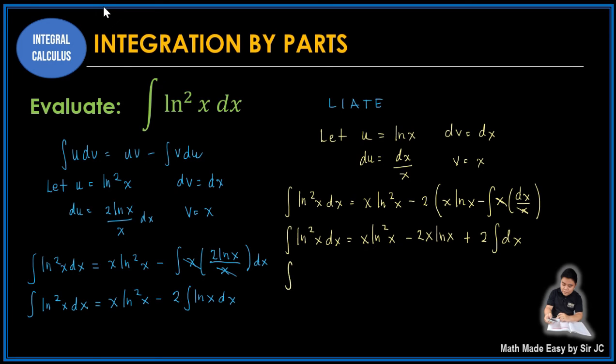Lastly, the integral of ln squared x dx is equal to x ln squared x minus 2x ln x plus 2 times the integral of dx, which is x, plus c. So the integral of ln squared x dx is x ln squared x minus 2x ln x plus 2x plus c.